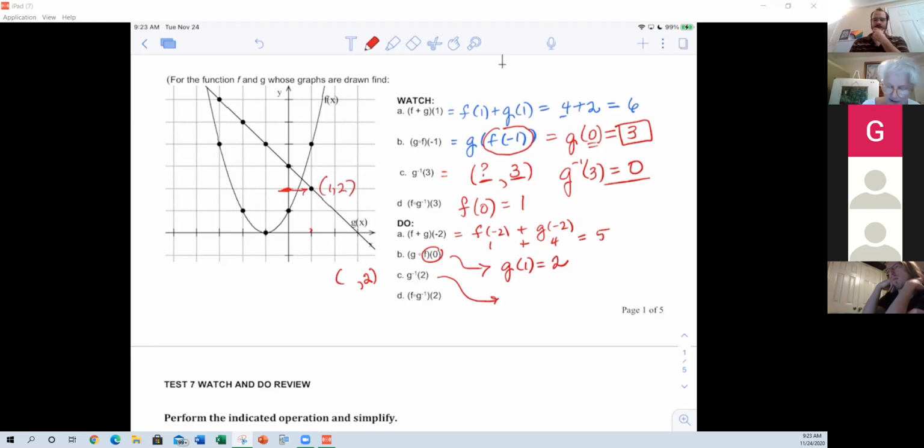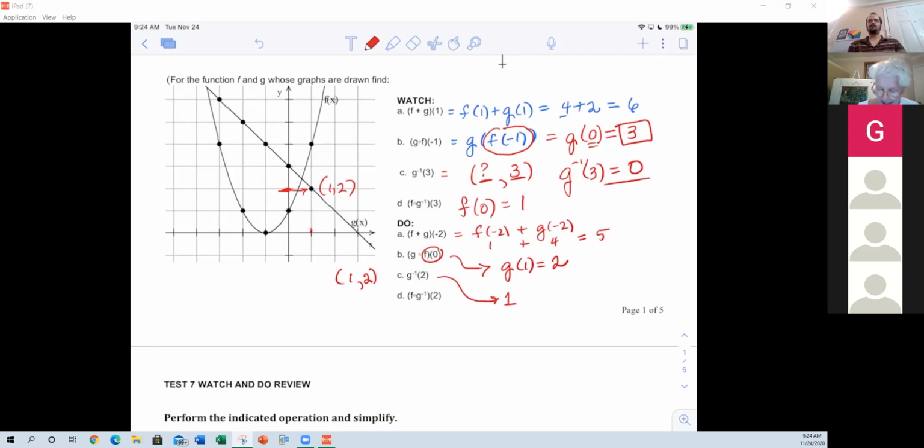So what is g -1 of 2? What's the x value there, in other words? 1. Right. So you're just doing it backwards. Usually we're used to them giving us the x value and we match it to the y value. Now they're giving us the y value and wanting us to match it to the x value.